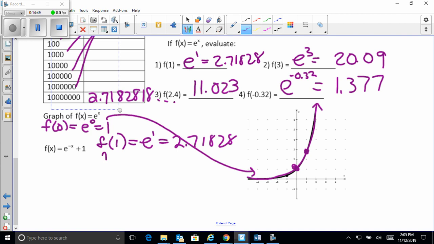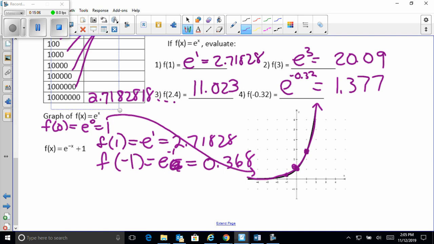And then if we plug in a negative 1, e to the negative 1, sorry, equals 0.368. Put it up there.